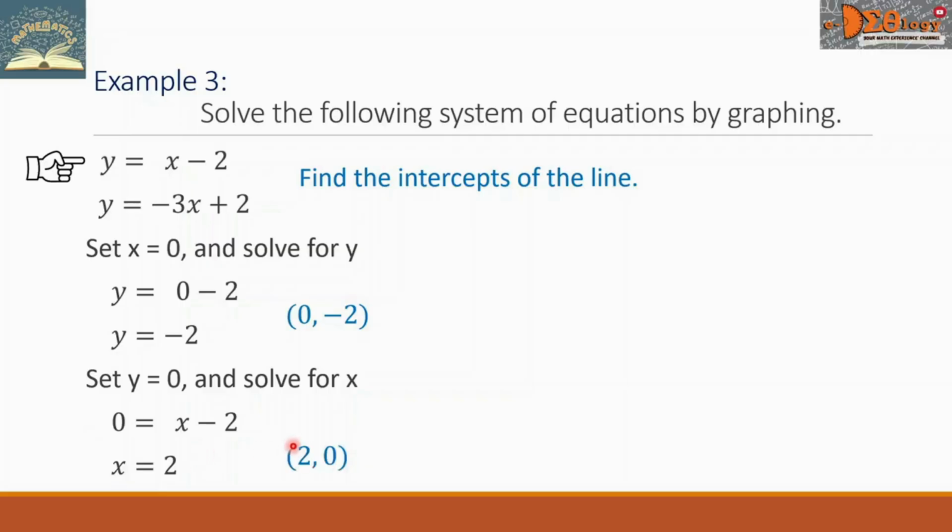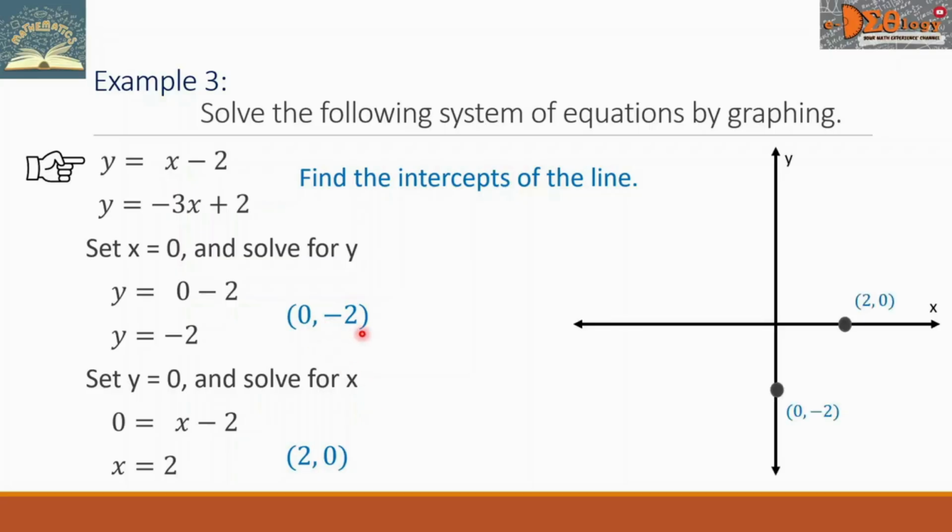So the second point is 2, 0. This is the x-intercept. Let us now plot the 2 points. 0, negative 2 is here. 2, 0 is here. We connect the 2 points by a line. So this is the line representing the first equation.